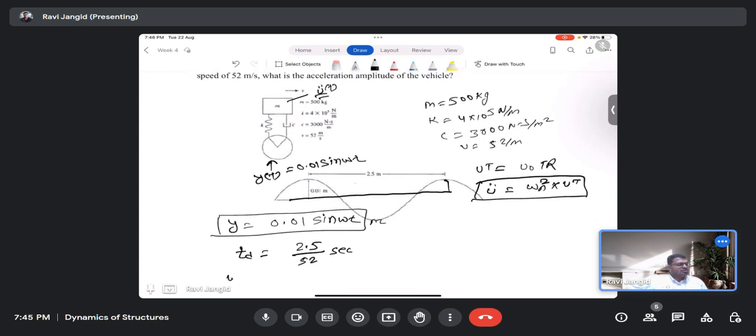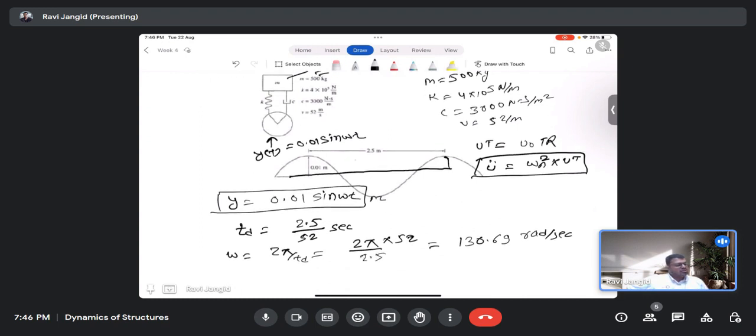So omega would be 2 pi by T_d, which comes out to be 130.69 radian per second.